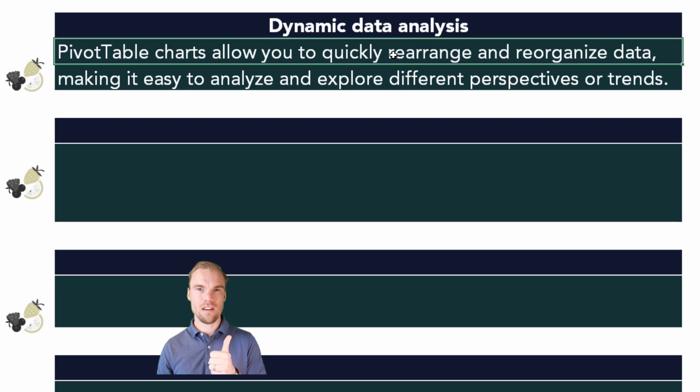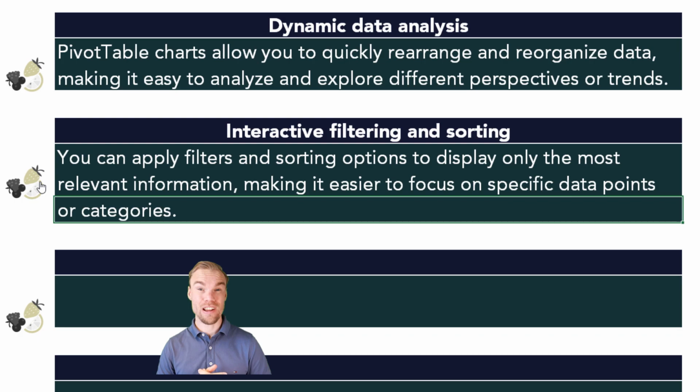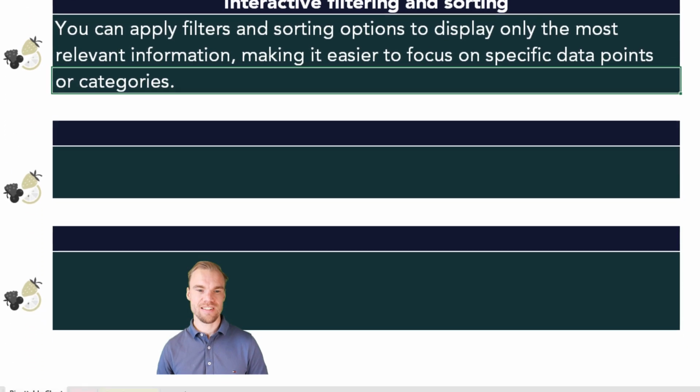That's one reason why you should use a PivotTable chart instead of a regular chart. It's also more interactive with filtering and sorting. You can apply filter boxes and sorting options to display the most relevant information. And that makes it easier to focus on specific points or categories.